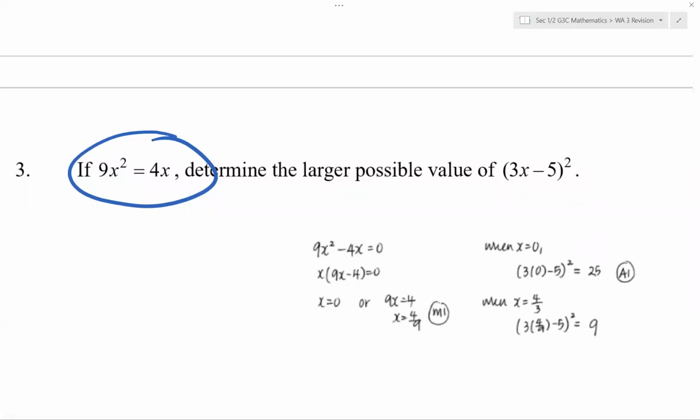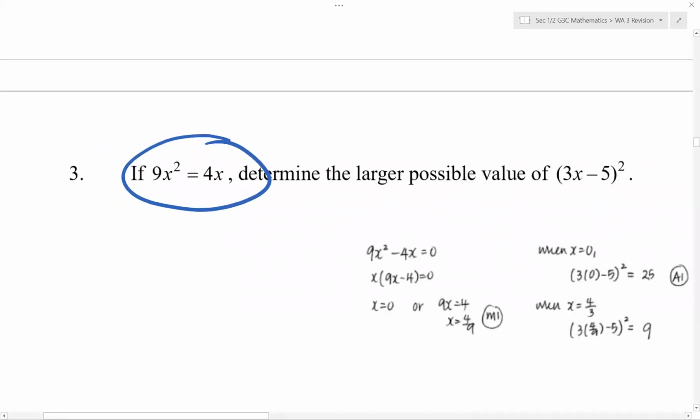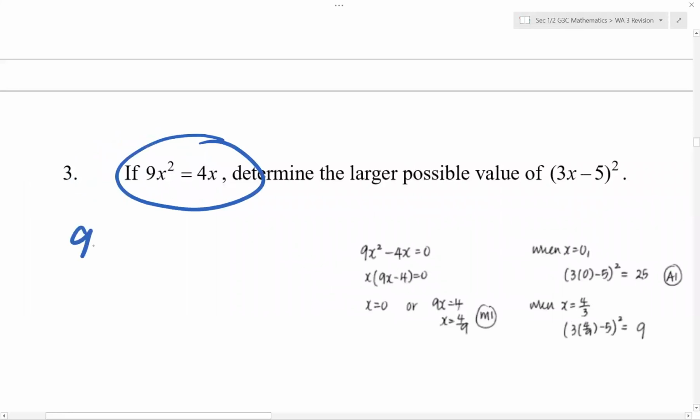Clearly, we can manipulate the left-hand side. But I'll show you a trap. Okay, 9x squared equals 4x. Very tempting to divide by x.